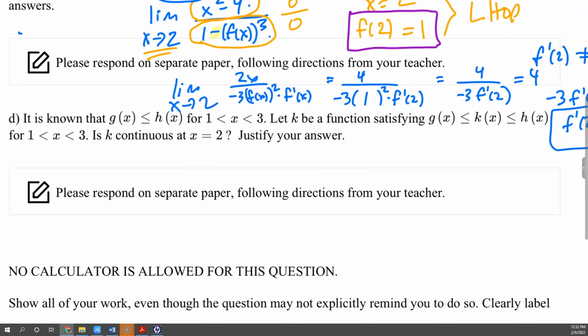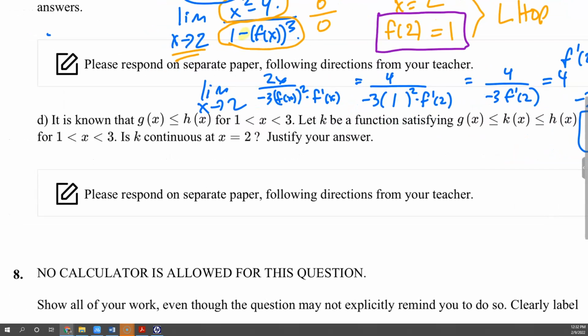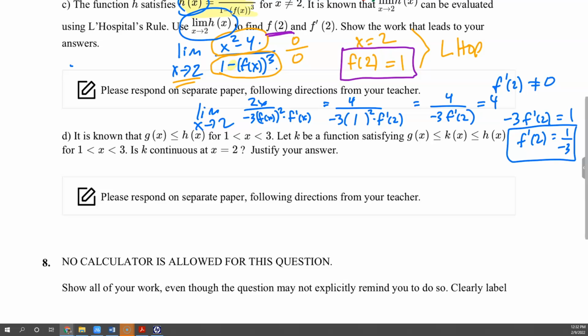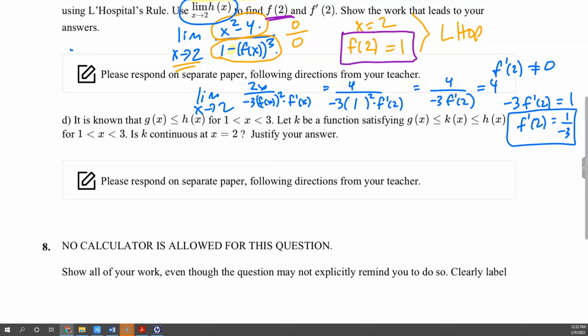G is less than H between 1 and 3. K is between G and H. Is K continuous at 2? Oh my gosh. Okay, hold on.